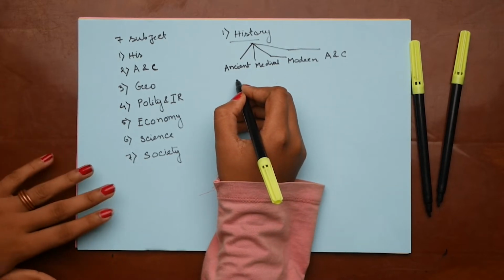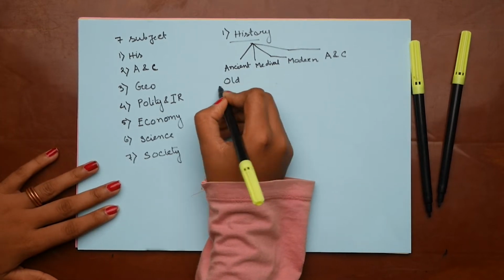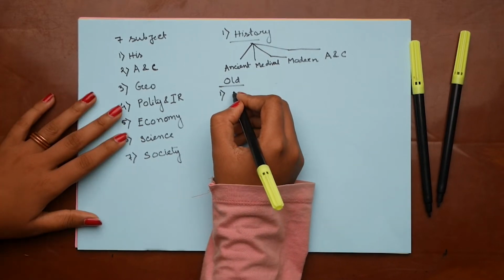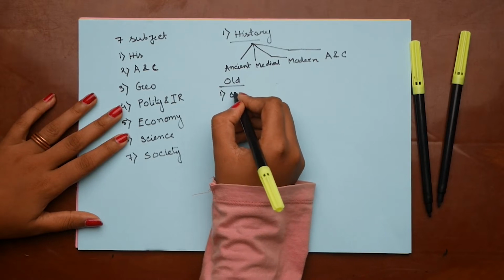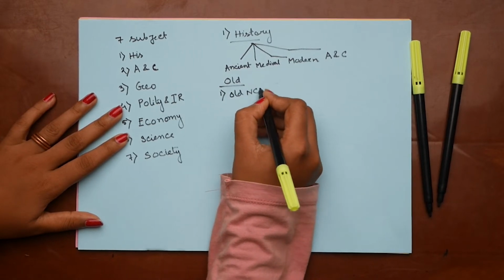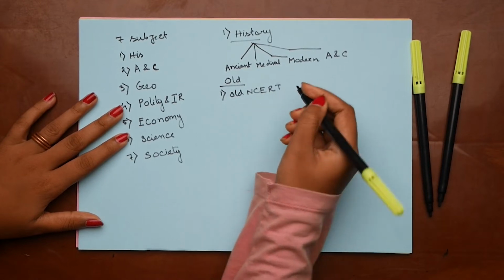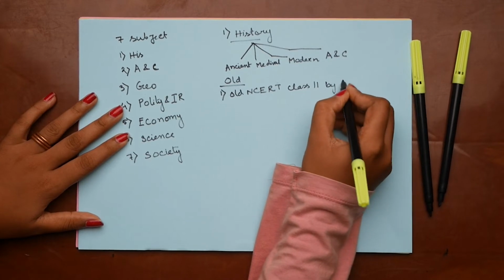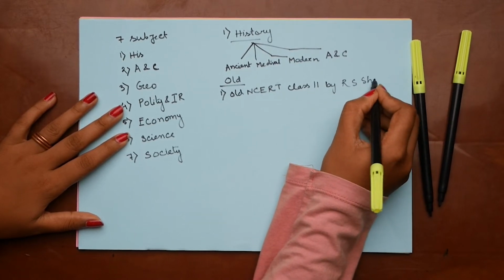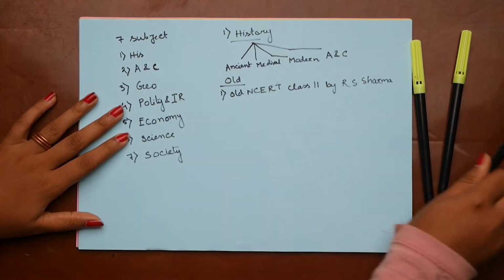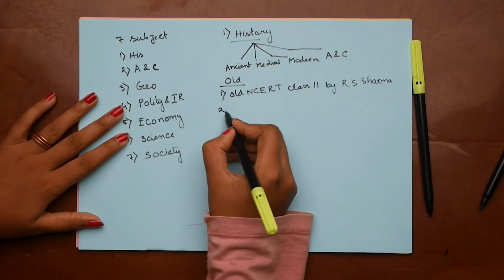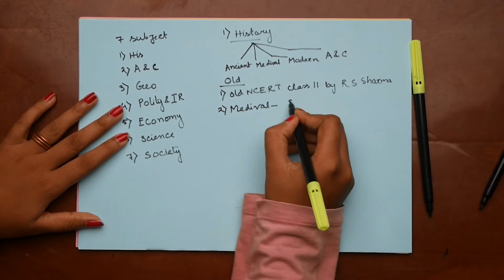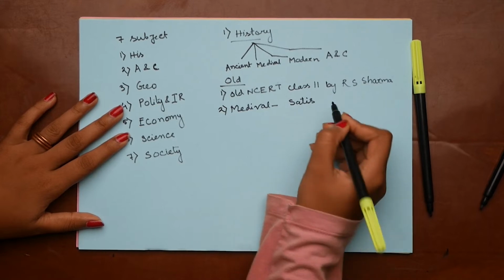For ancient, I am giving you at first the old NCERT list. Okay? So for ancient, the book you have to follow is the old NCERT class 11 by R.S. Sharma. Okay? Then for medieval, you have to follow the book by Satish Chandra.